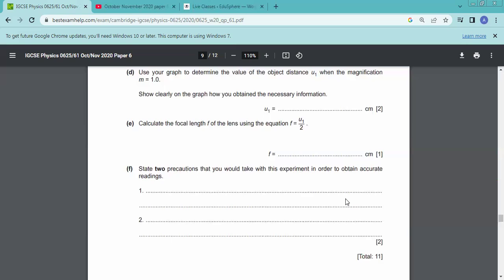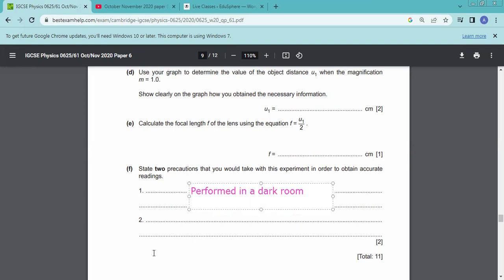The most important thing I would suggest is that the experiment should always be performed in a dark room.